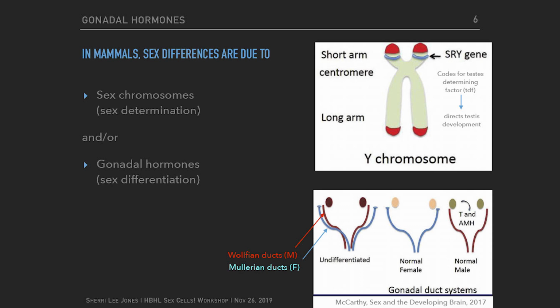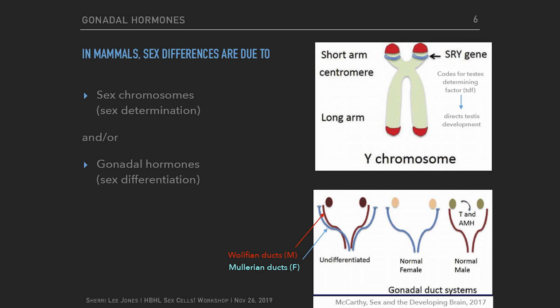And so in the normal female, in the absence of the SRY gene and the testes determining factor, the Wolffian ducts, so the male duct system, degenerate, and the Mullerian ducts survive and differentiate. Okay, so what that means then is it's this SRY gene, a functional SRY gene and testes determining factor, that leads to biological sex differences in the gonadal systems.